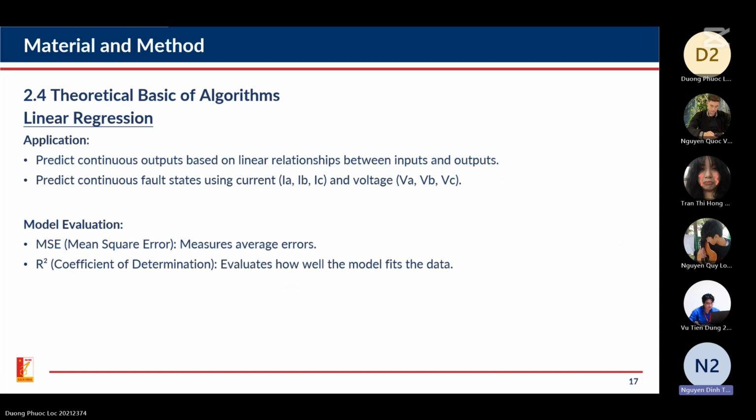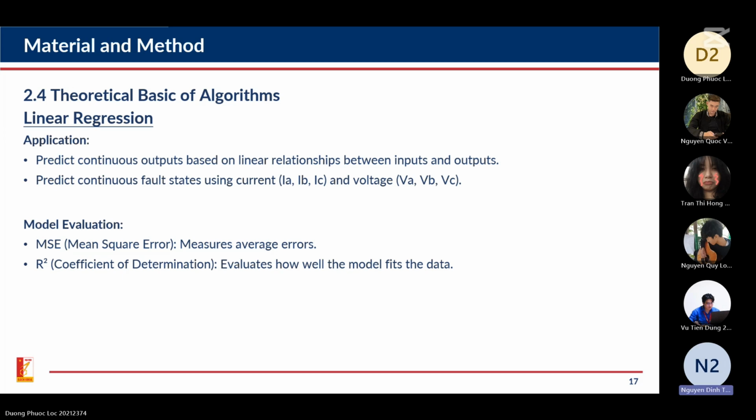About the material and method in slide 17. The first algorithm is linear regression. The application is to predict the continuous output based on the linear relationship between input and output. Predict continuous fault state using current and voltage.